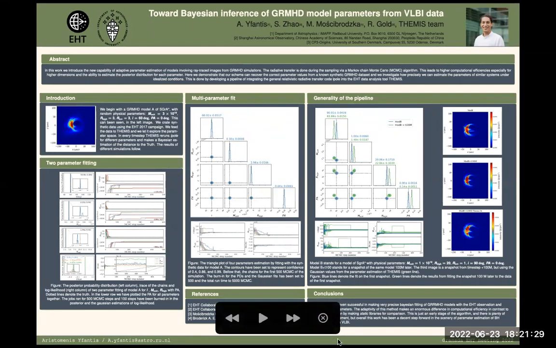Yeah, it's okay. So hello everyone. I hope you can see something because apparently the resolution didn't scale super great. But my name is Iris. I'm a PhD student at Radboud University.